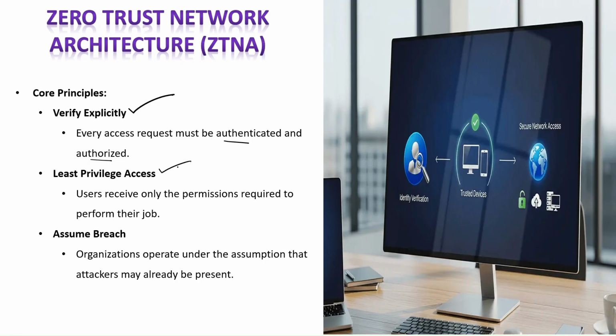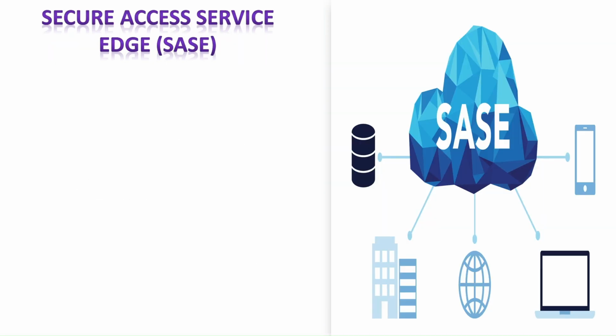Least privilege access means that users receive only the permissions required to perform their job, no less, no more. And assume breach, which means that the organization operates under the assumption that attackers may already be present inside their network.